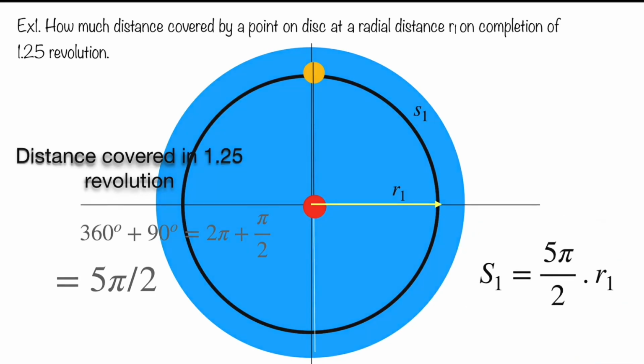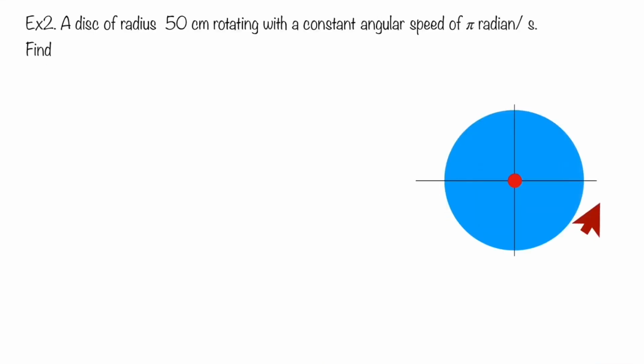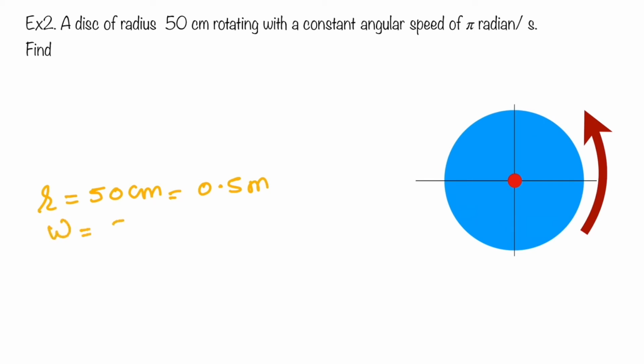Now example number 2. A disk of radius 50 centimeter is rotating with a constant angular speed of pi radians per second. So here the radius of the disk is 50 centimeter, which is equal to 0.5 meter, and the angular speed omega is pi radians per second.